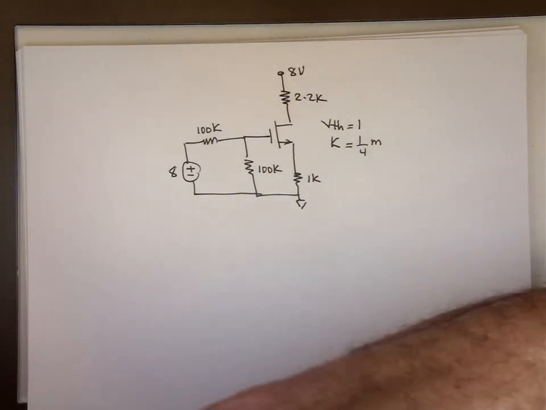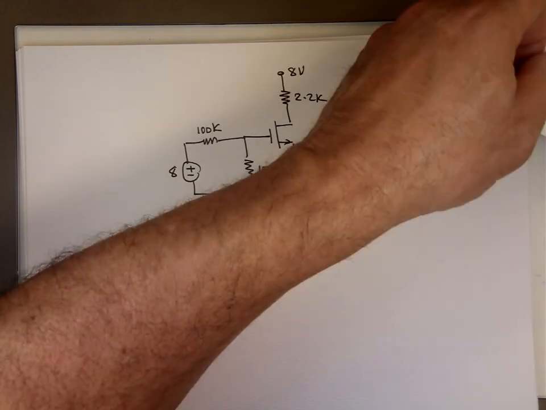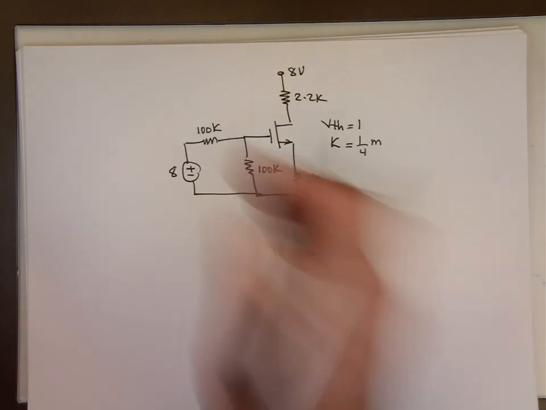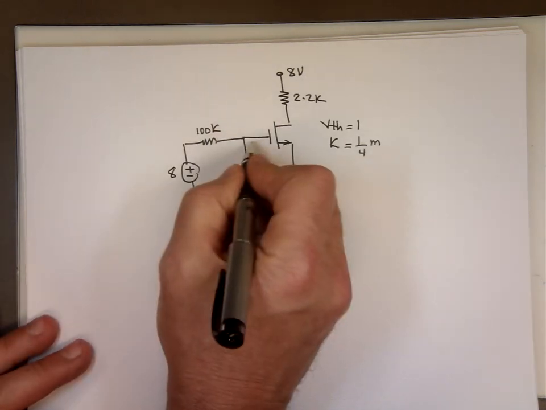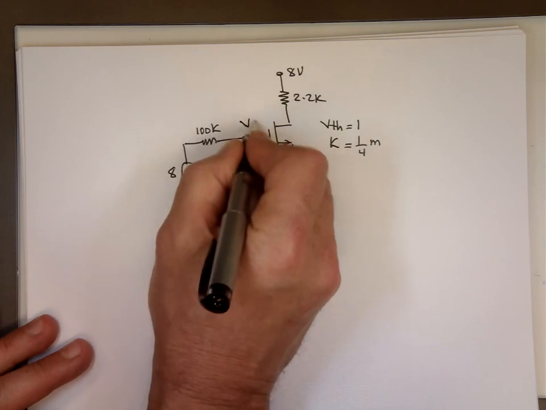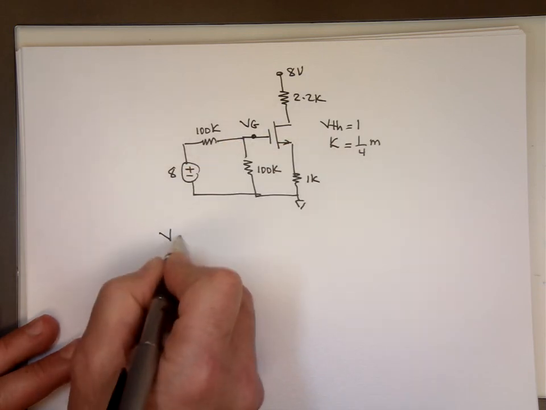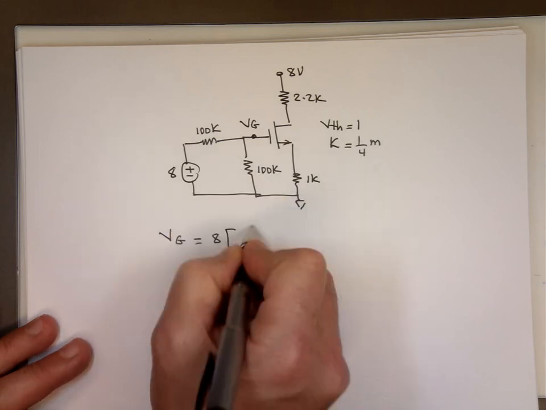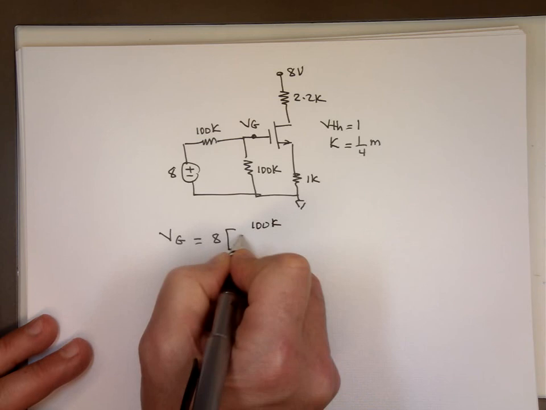Now I can actually simplify this because there's no current going in. I can use voltage division, and that voltage here we call VG at the gate. It's 8 times that resistor, which is 100K, over the sum of these two.